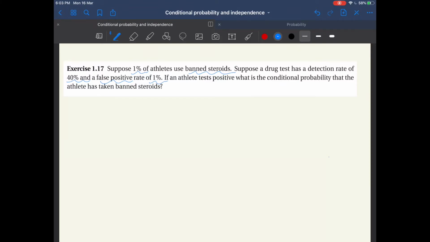We already know that we are going to use Bayes' theorem, so it's very important for us to identify the events A and B. So here, let's define event A to be that the athlete actually takes banned steroids. So what is A complement? That is, the athlete does not take banned steroids.